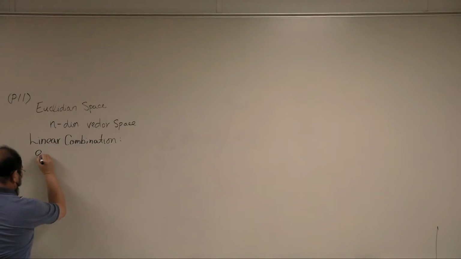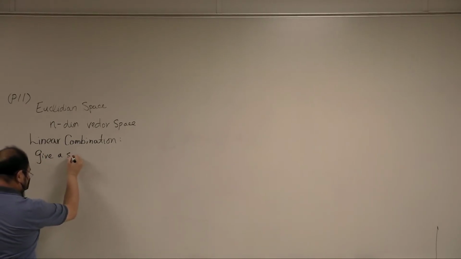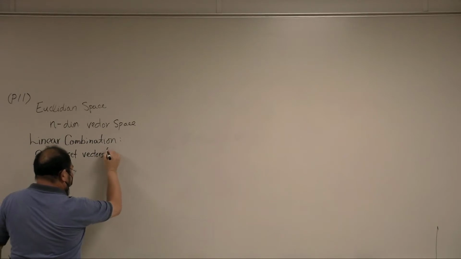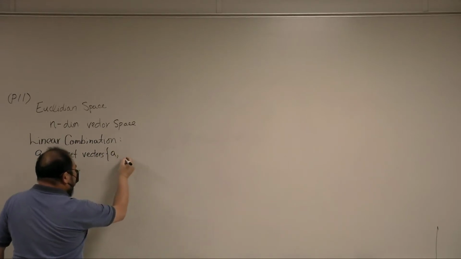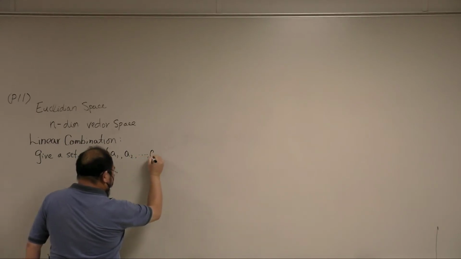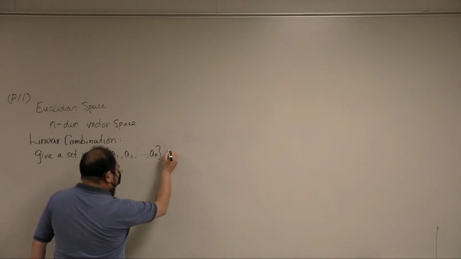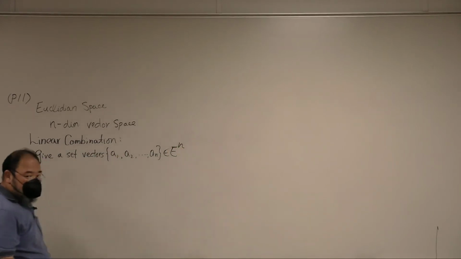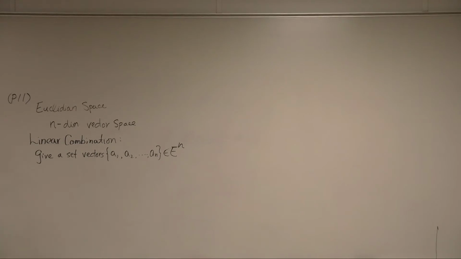So first we are given a set of vectors A1, A2, all the way to AN belonging to n-dimensional Euclidean space. Okay, these are the very rudimentary definitions of vector space.